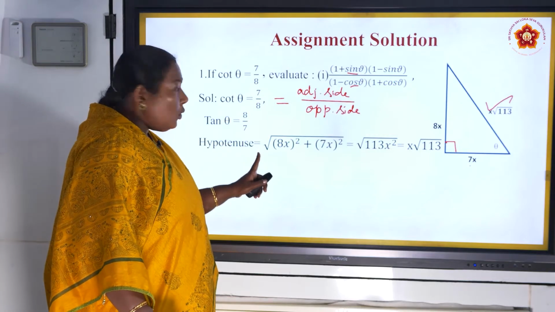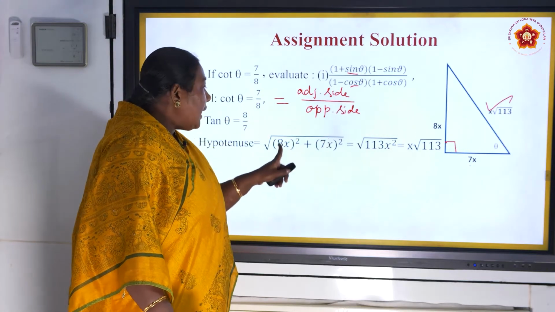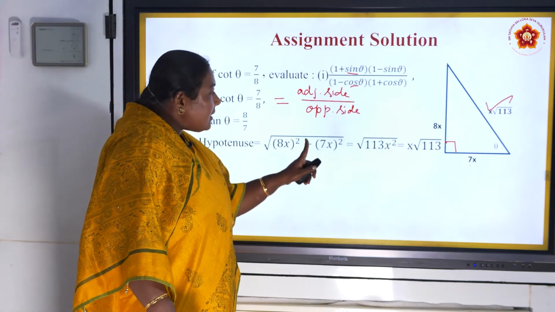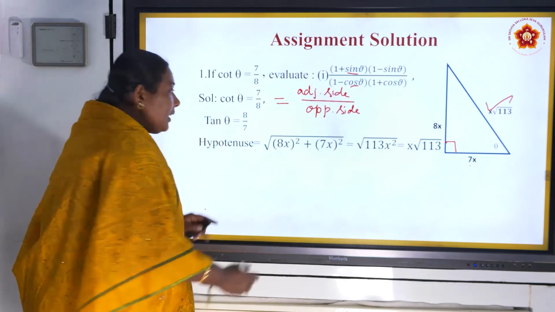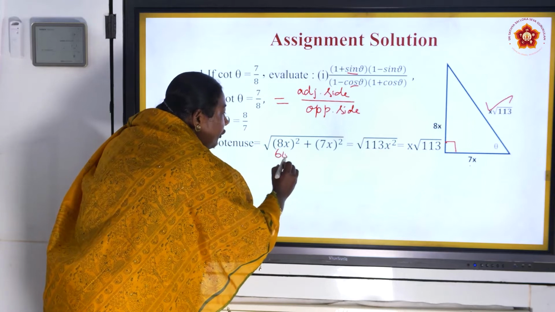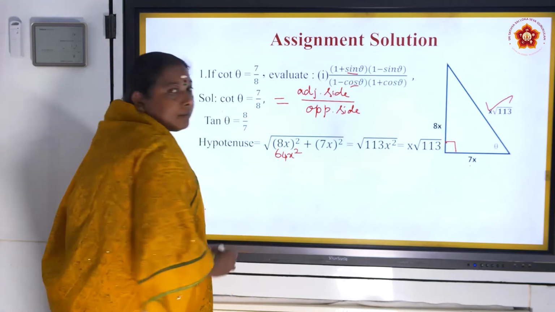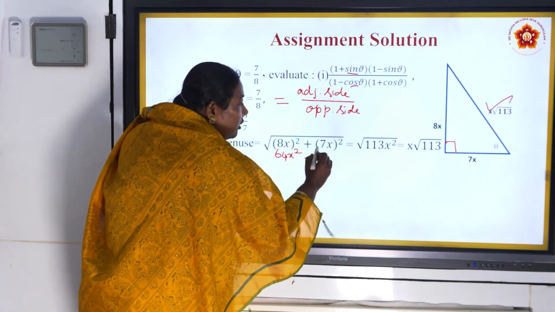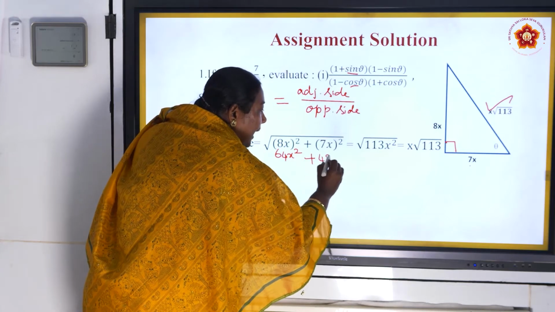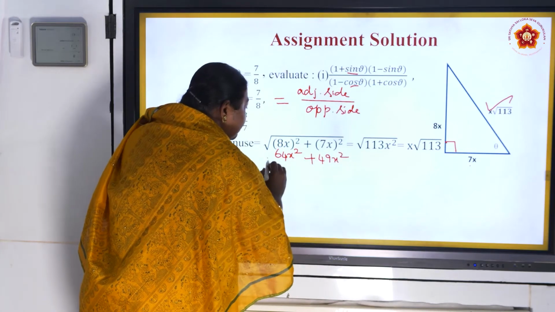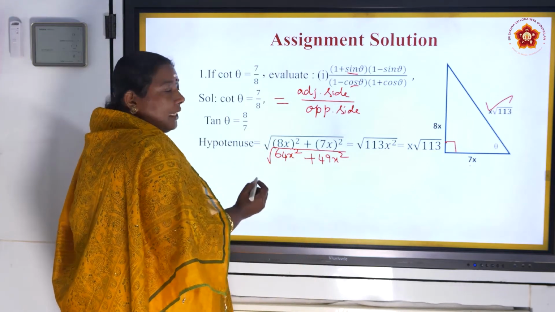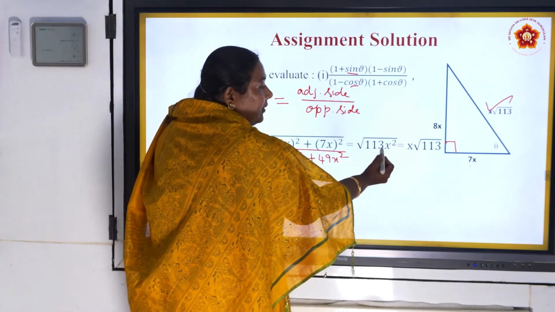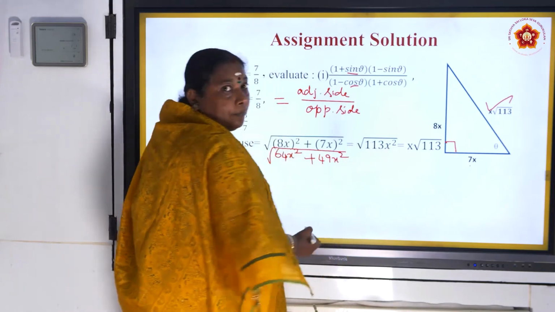Hypotenuse is equal to square root of 8x square plus 7x square. So 8x square will be 64x square plus 49x square, right? So 64 plus 49, you will get root of 113 x square.